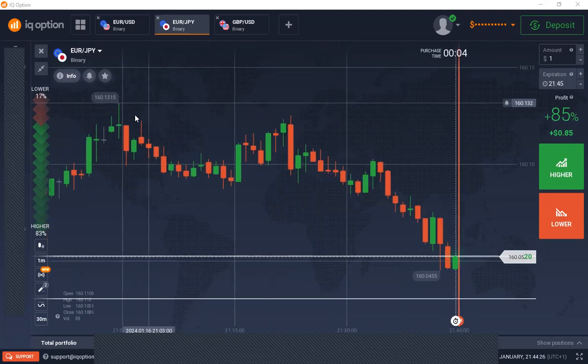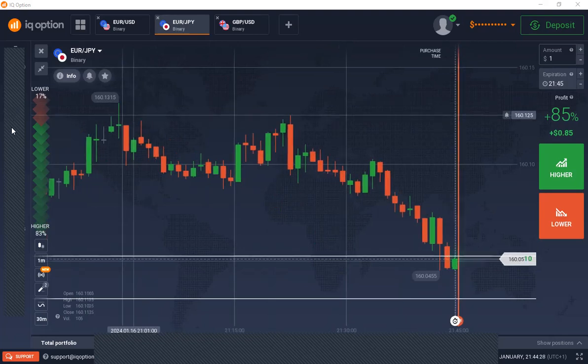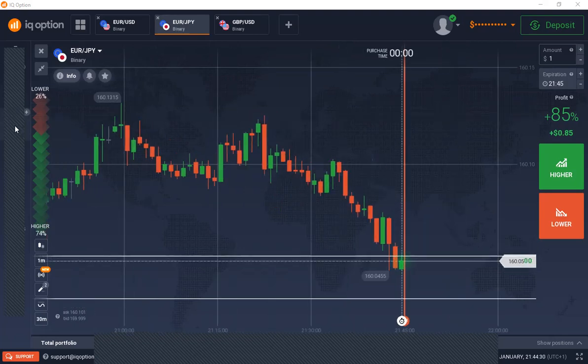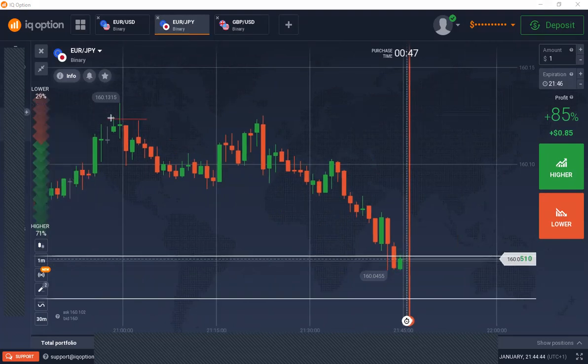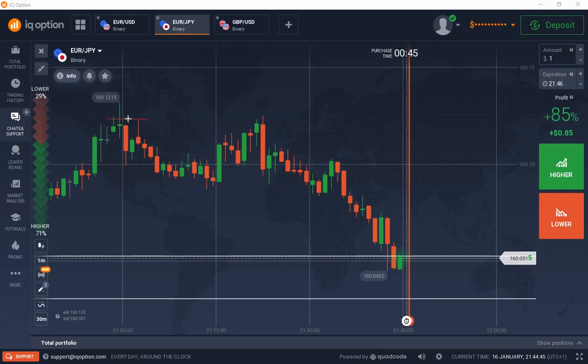You notice the price movement here. We have a resistance because the price failed to move higher than this. That's the resistance because the price reached this level and started to reverse.